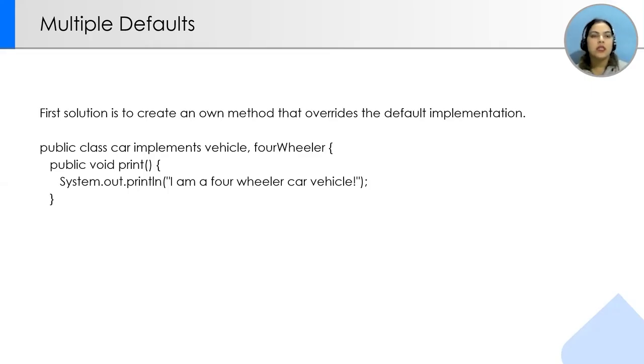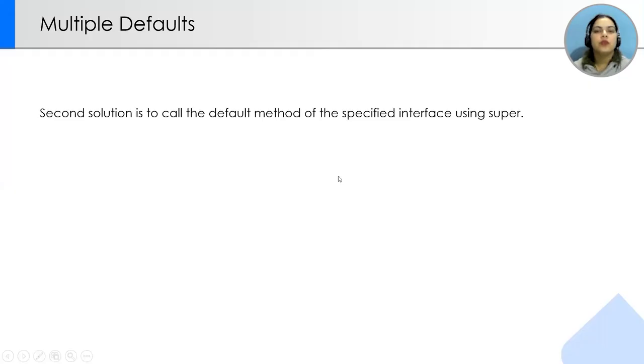So the first concept is that when we have multiple defaults and there is a chance that ambiguity can occur, then we have to provide our own implementation so that the earlier implementations can be overridden. Now, the next solution to this ambiguity is that we can use the keyword super whenever we have three or four interfaces and we want to use the definition of only one interface. At that point of time, we can use the super keyword.